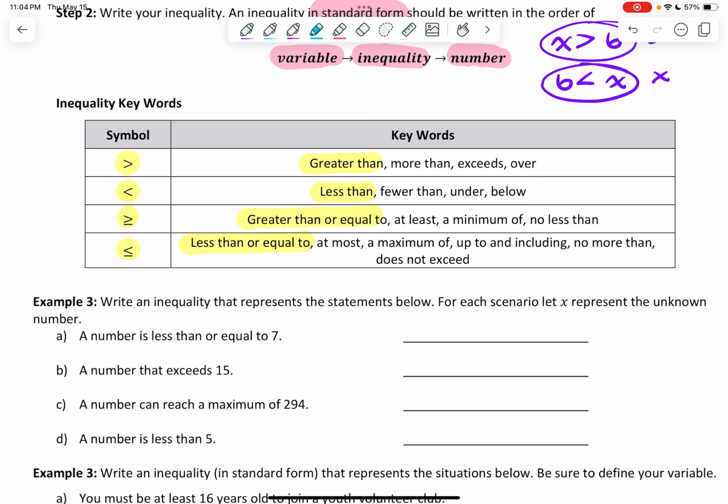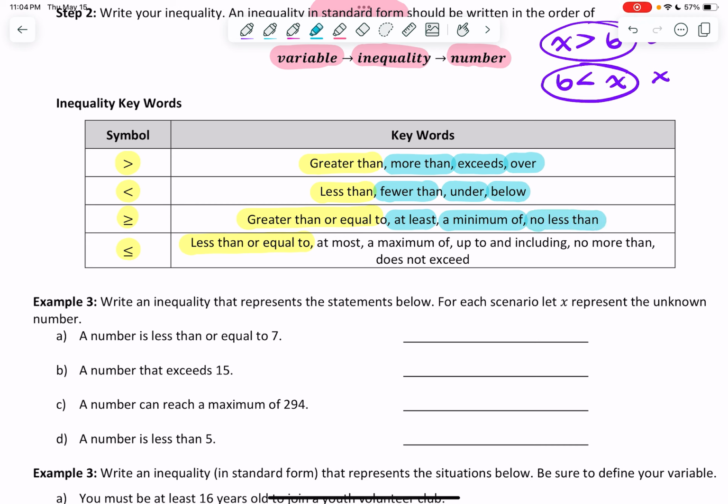Just like there's more than one way to say is equal to, there's more than one way to say all of these different inequalities. So for greater than, I could also say more than, exceeds, or over. For less than, I could also say fewer than, under, below. For greater than or equal to, that's when I'll see words like at least, a minimum of, or no less than.